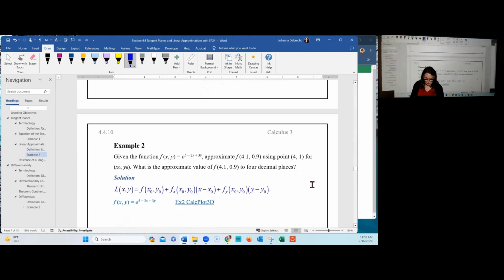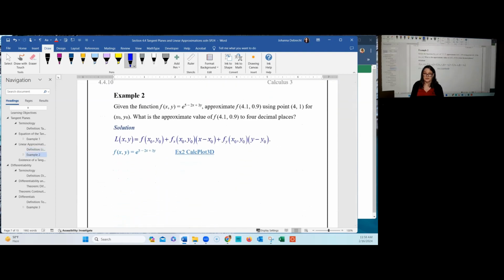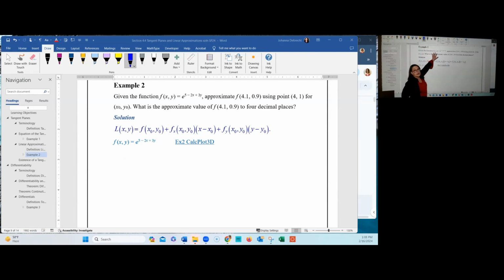We're now ready to try an example. In example 2, we're given a function of two variables in three-dimensional space, e to the power 5 minus 2x plus 3y.